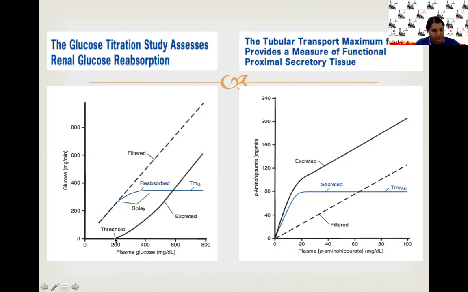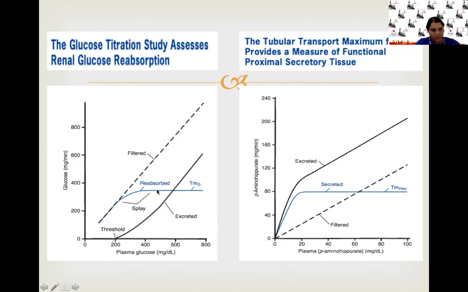Now, when the glucose level increases to 200, it starts appearing in urine, and this is called the glucose threshold. If you further increase the blood glucose levels, more and more of it is excreted because the filtered amount exceeds the tubular reabsorbing capacity.